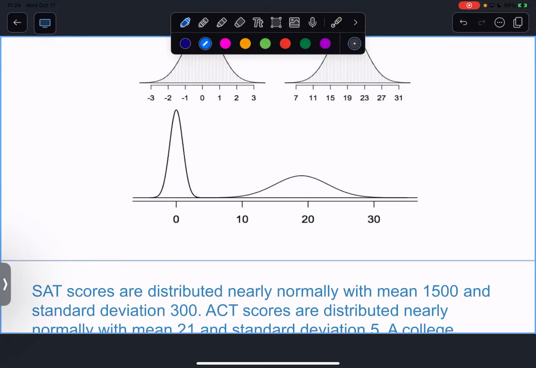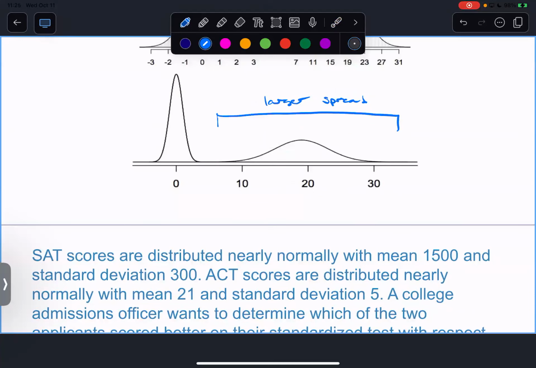Okay. And so here, let's do this. Larger spread, right? And let's remember that the total area is still 1.